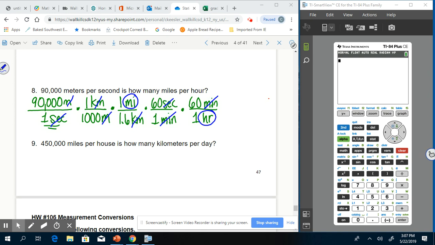So I'm going to multiply all the numerators together and all the denominators together. So we have 90,000 times 60 times 60 again. I'm leaving out the multiplying by 1 because that's not going to actually change our answer. And we get 324 million.